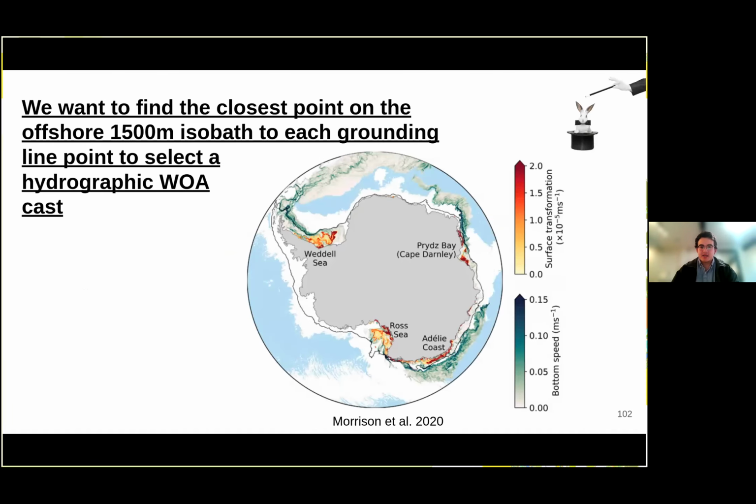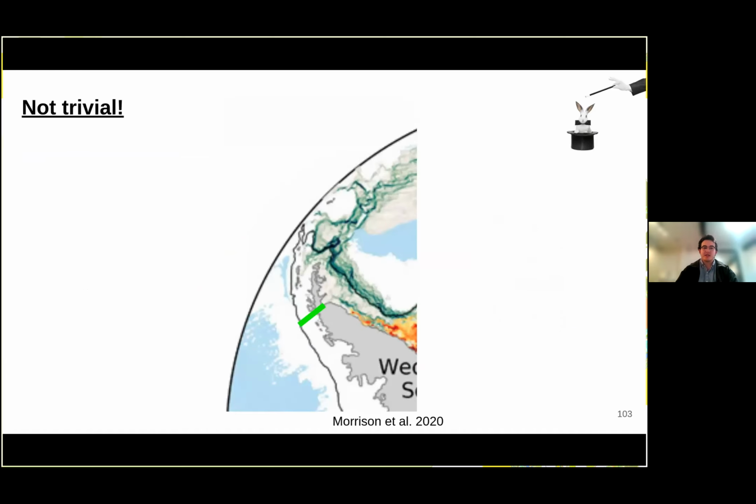But to find the closest hydrographic cast on the 1500 meter isobath for a grounding line point in Antarctica is surprisingly hard. If you just did the closest point by distance to some grounding line point on the 1500 meter isobath, you can run into problems really quick.